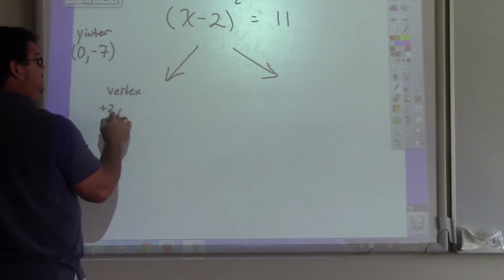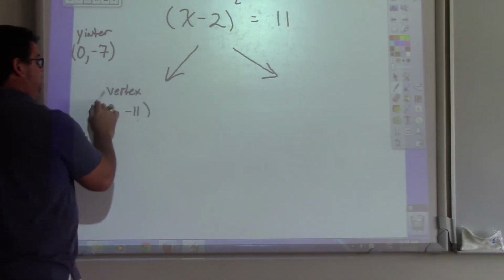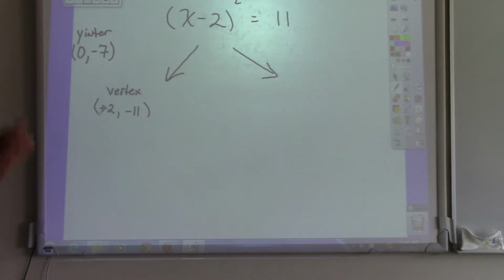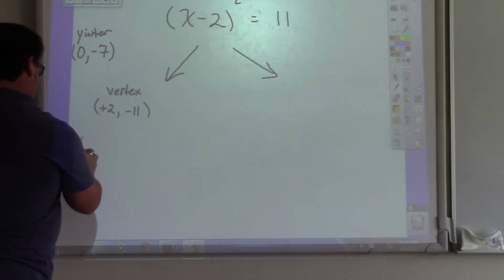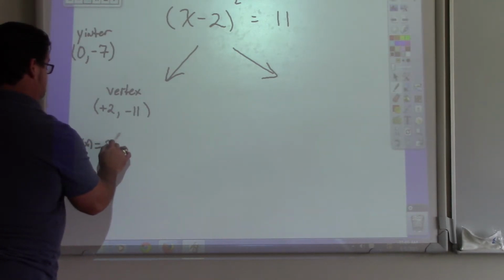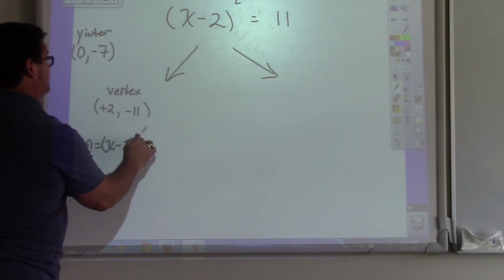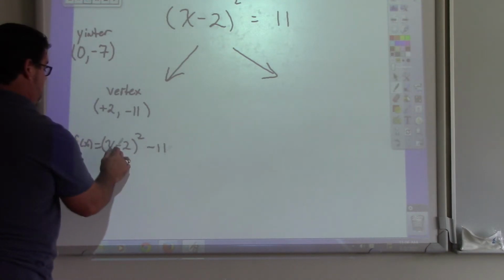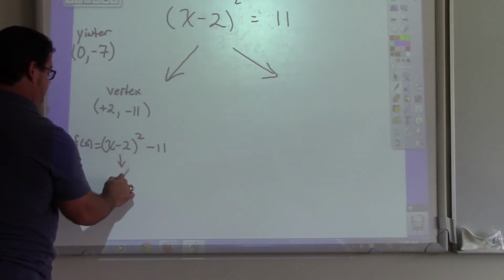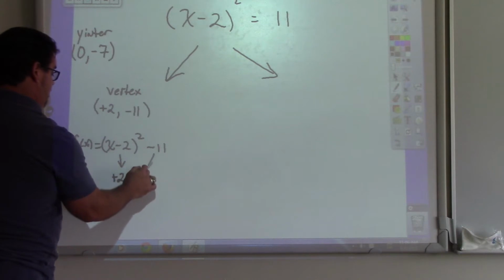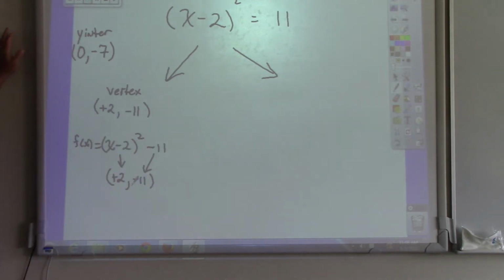Positive 2 and negative 11. That's the opposite of both. Or f of x is equal to x minus 2 quantity squared minus 11, and bring down the opposite of the negative 2 and bring down the 11, and that's the same thing as you get there. So there's our vertex.